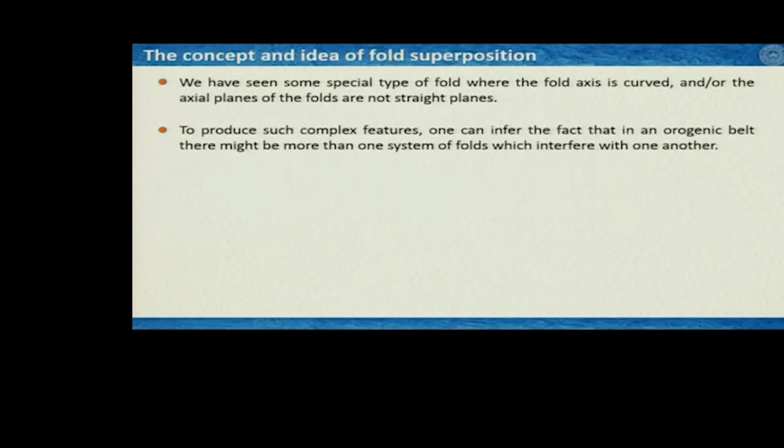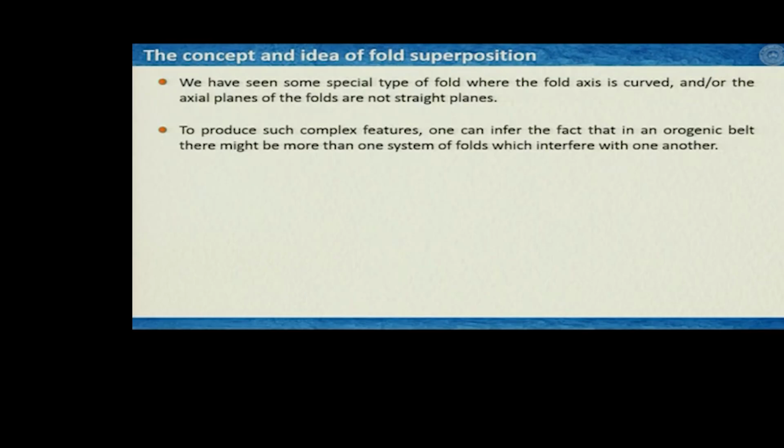So let's first understand what superposition of fold is, or get the basic idea of it. Now, if you remember in the previous lectures, we have seen some folds where the fold axis is curved, or the axial plane is not very much a straight plane.